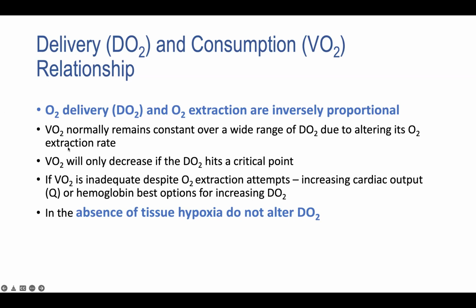Normally, you maintain your oxygen consumption as relatively constant over a lot of variability in delivery. But what's really important to remember is that if I'm looking at these numbers and you start to see a decrease in the difference between SA and SV, and you have the presence of metabolic acidosis, this is a really significant issue.